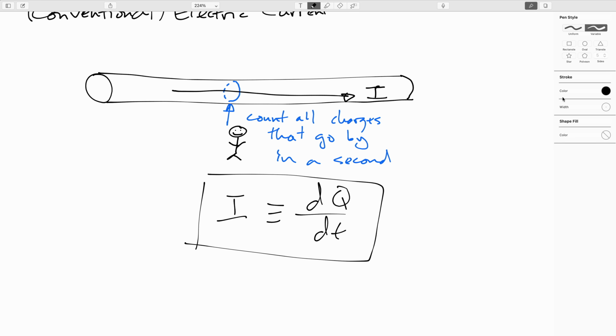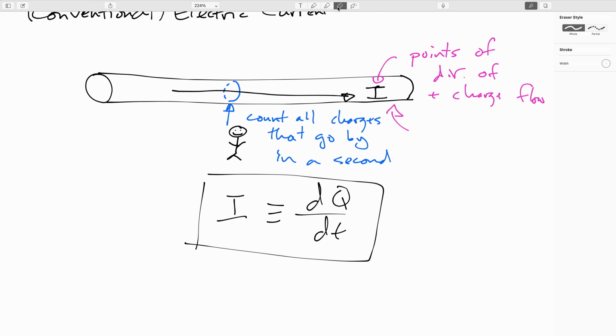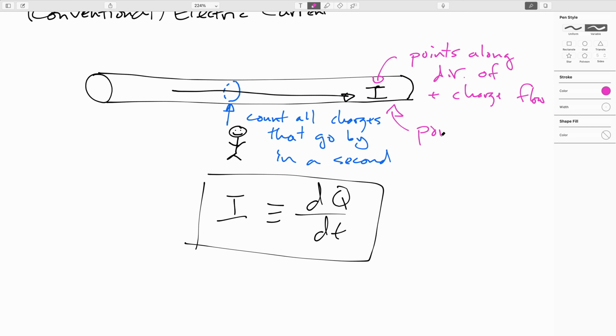And so by convention, and thus it's called conventional current, this points along the direction of positive charge flow. It also means that it points against the direction of negative charge flow. Oops, sorry about that, the earlier part should just say along.